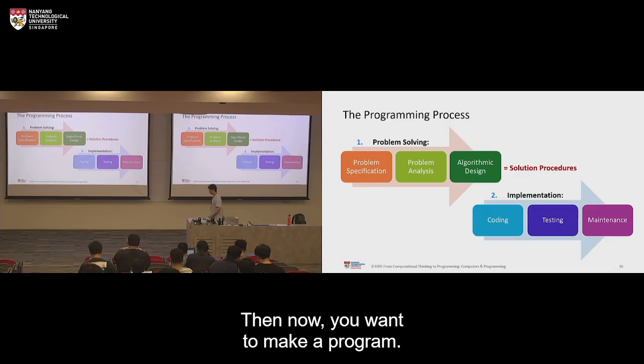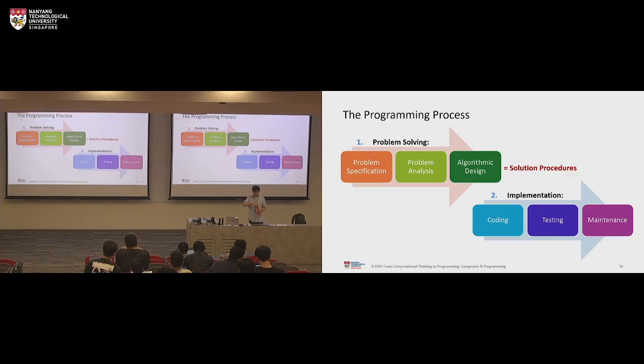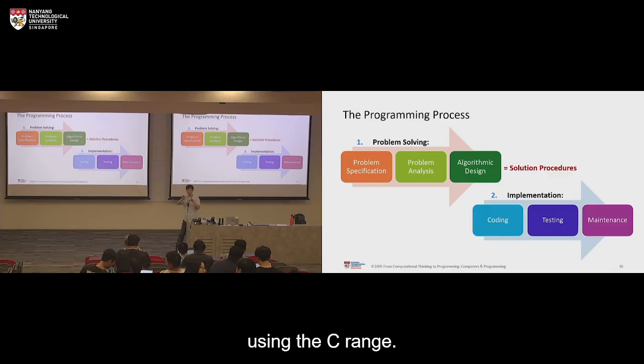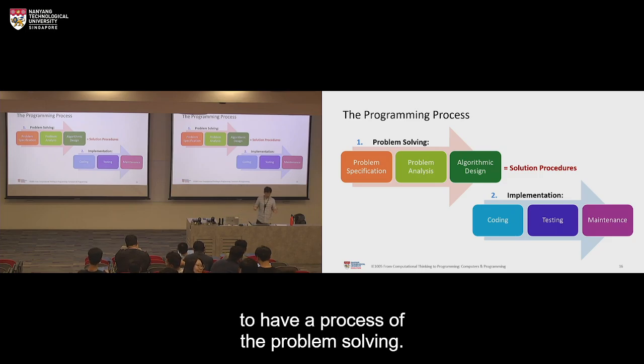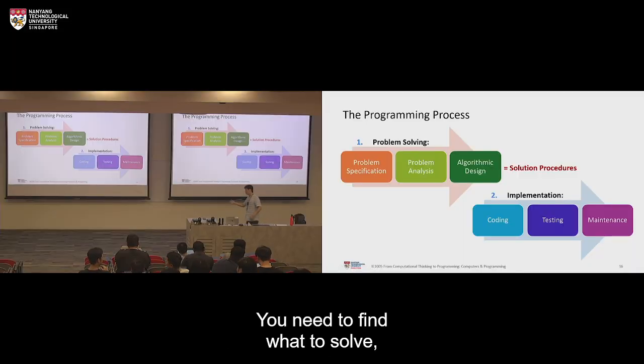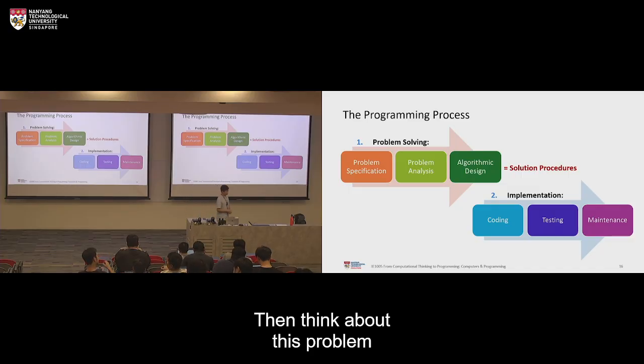Okay, now you want to make a program. What is the process going to be? Before you write the actual code in the C language, first of all you need a problem-solving process. The first step is problem specification. You need to find what to solve, and what the task given to you is.